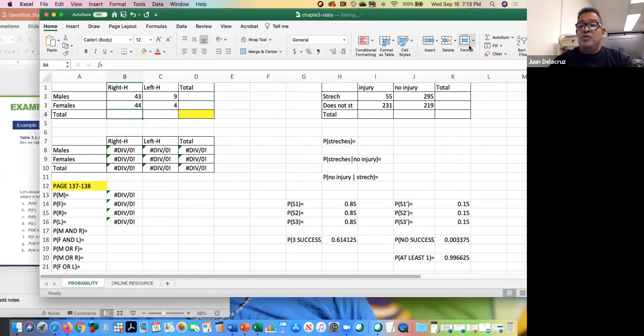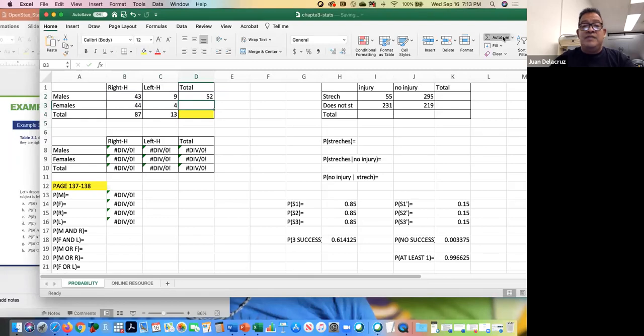So I am going to click on the total for right-handed. I am going to use the AutoSum. So I'm going to find the sum of this. This is the sum of the columns. I'm going to find the sum of the rows.